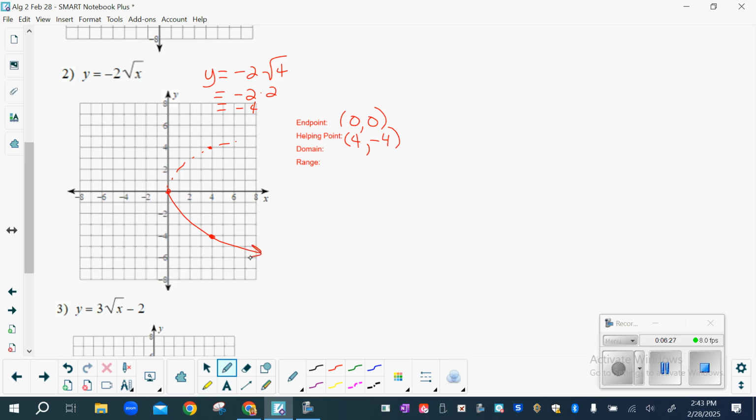Okay, so domain and range. Be careful. What's the domain and range? Who said 0, 0? You can say 0, 0 on this one. What's yours?